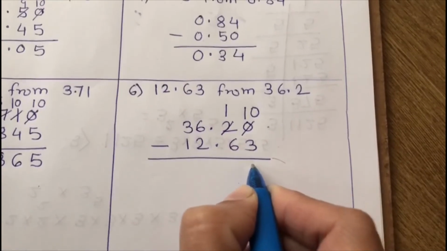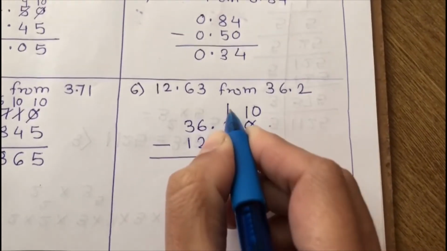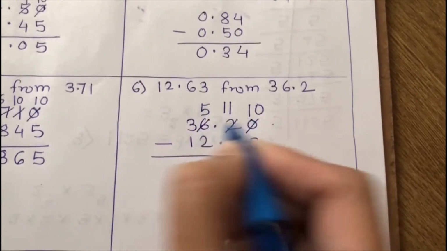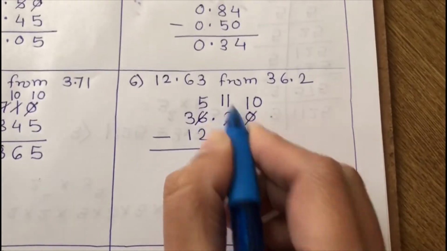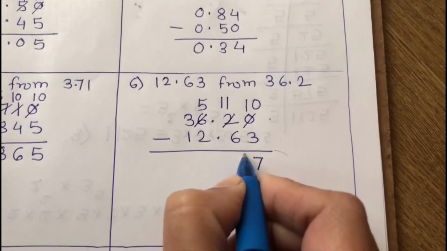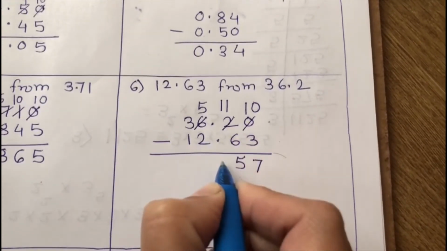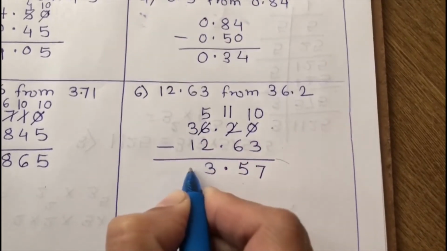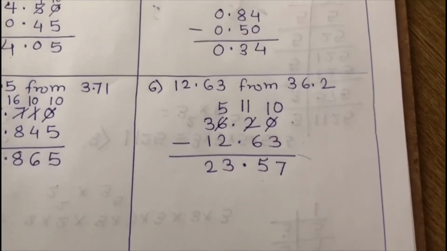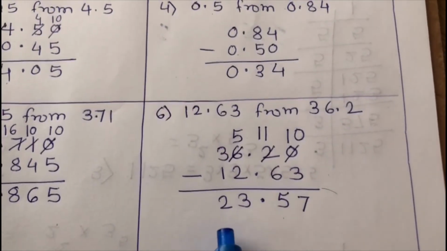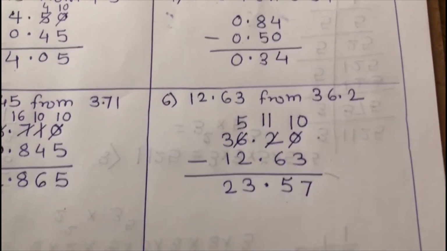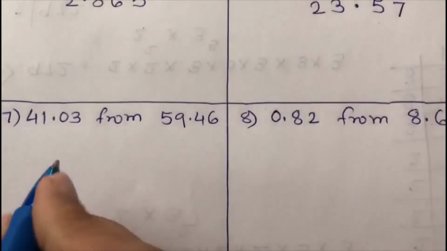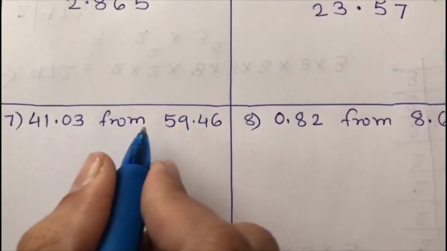So 10 minus 3 is 7. I can't subtract 6 from 1, so I carry 1 from 6. So 11 minus 6 is 5. I give the decimal point here. So 5 minus 2 is 3. 3 minus 1 is 2. So we have got the value 23.57.